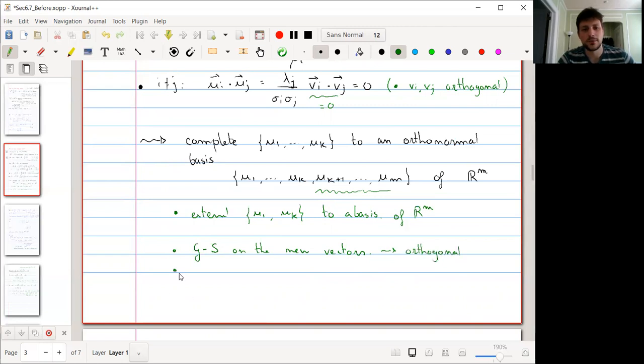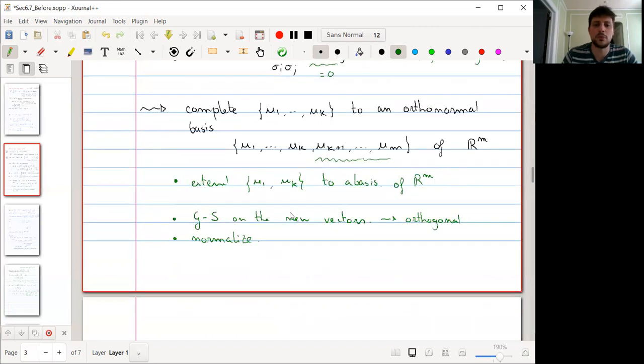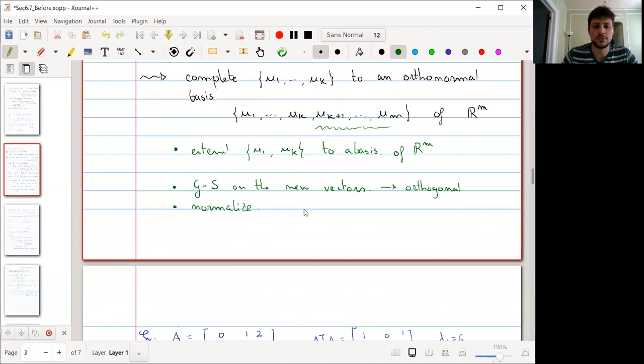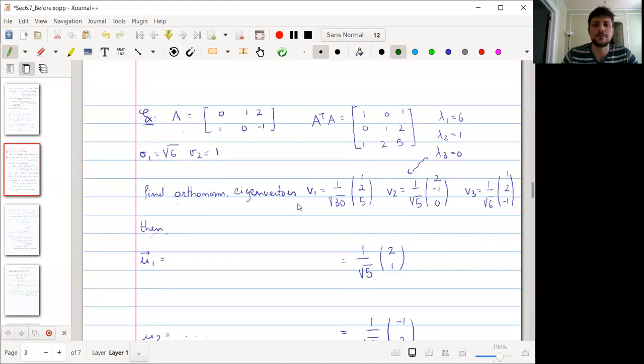And then you normalize. So this can always be done. I'll say a few words after the example about this, but not much. Okay, let's pick up the example from before.